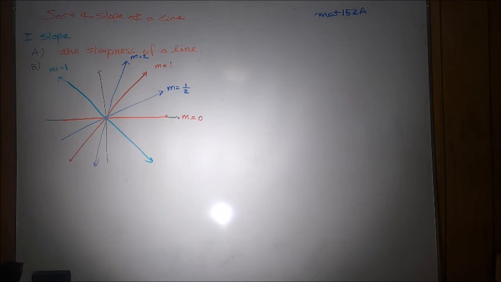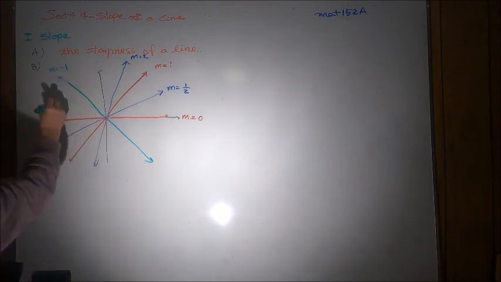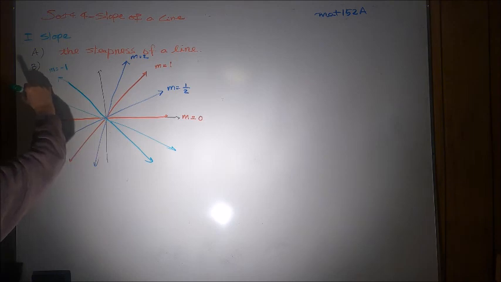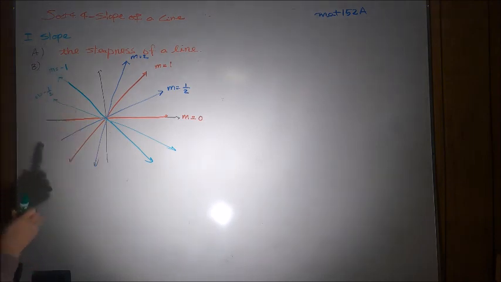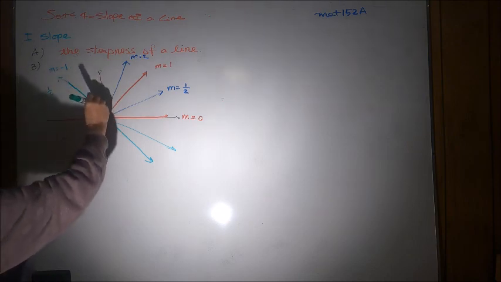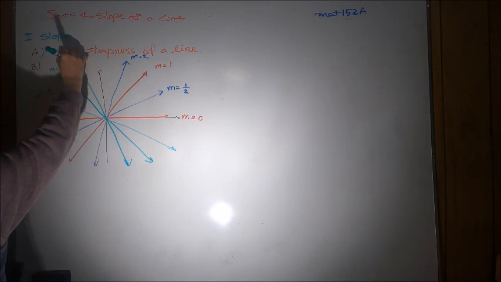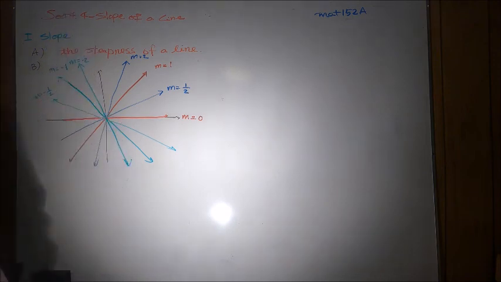Where do you think -half would be? This way or that way? It would be shallower, half that much. So that would be your -half. And -2 is the same way, but steeper, right? That's how we started.